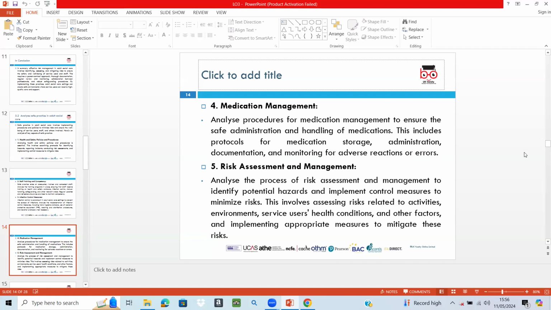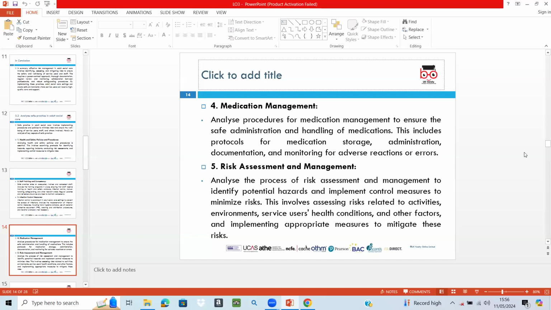Then we have risk assessment and management. Analyzing the risk assessment and management process is key to identifying and addressing potential hazards in adult social care environments.